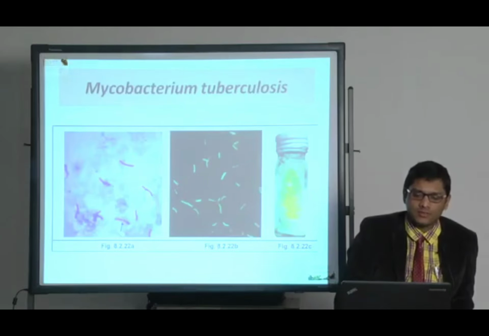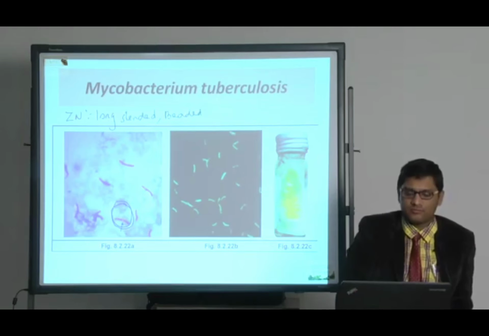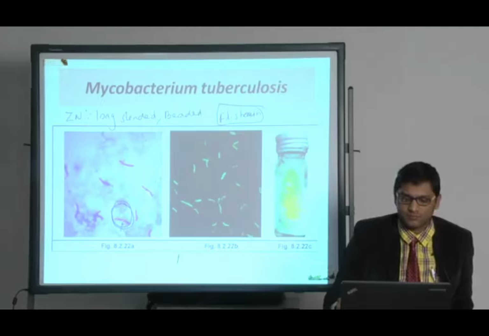Mycobacterium tuberculosis, this is the typical appearance on Ziehl-Neelsen stain, that is long, slender, beaded appearance. And the next picture is auramine phenol stain, a fluorescent stain, or auramine rhodamine stain.